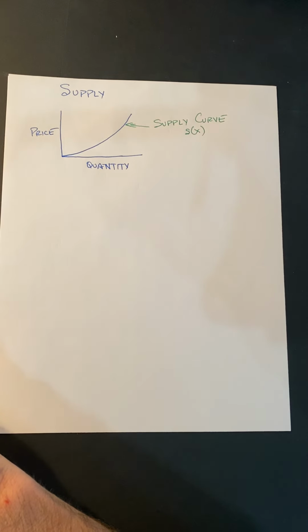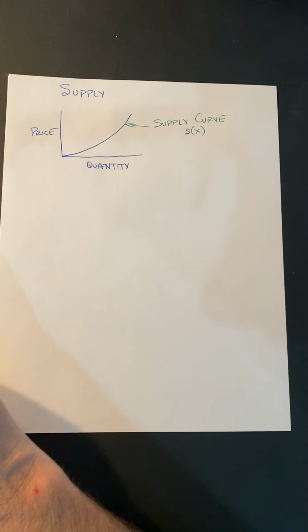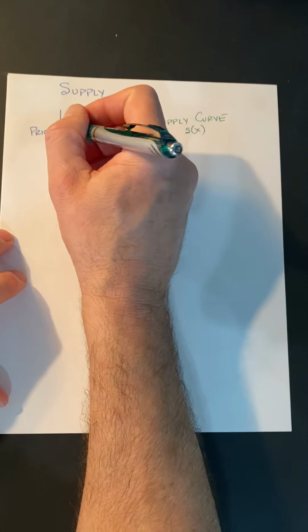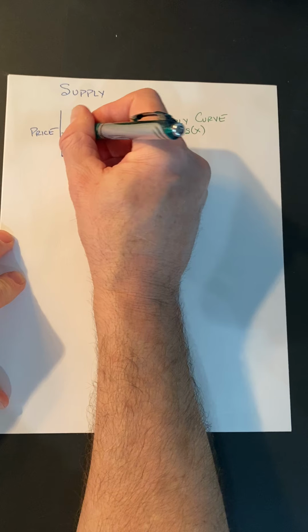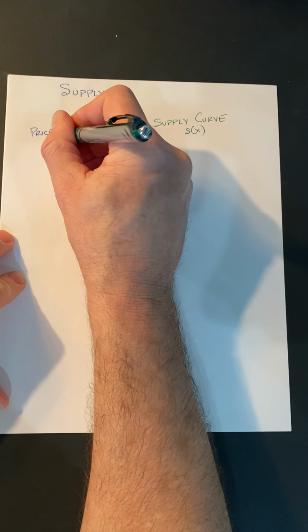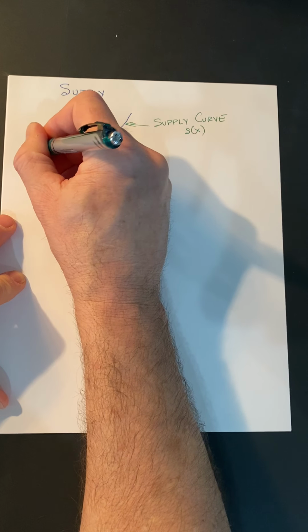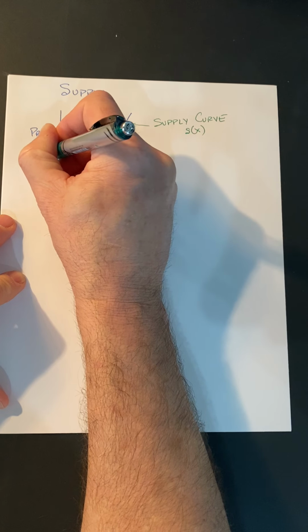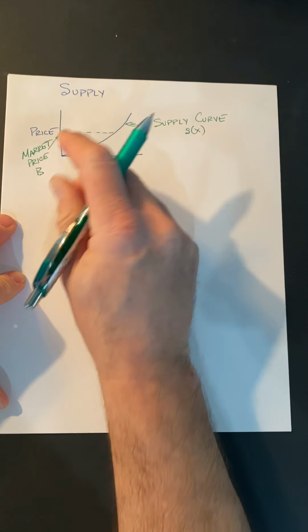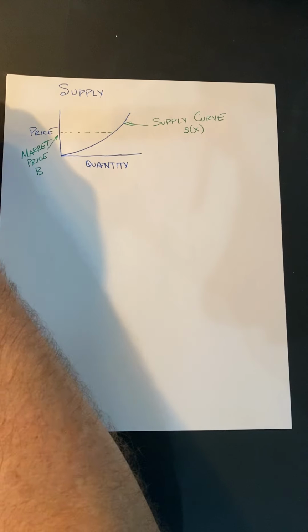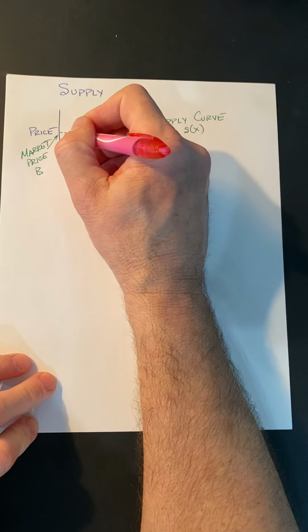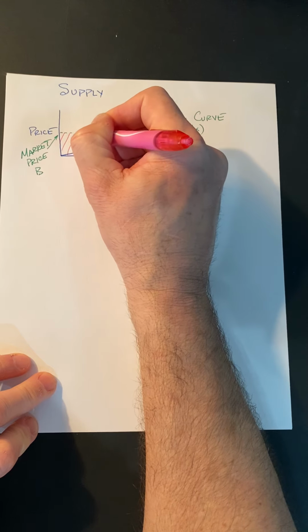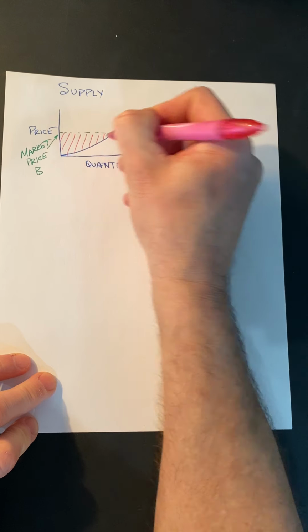So here, when we start talking about the market price, again, it's going to be market price, and we're going to use B. Here, when we start talking about the producer's surplus, we're going to be looking at the area here, okay?